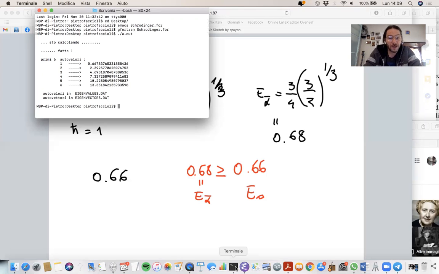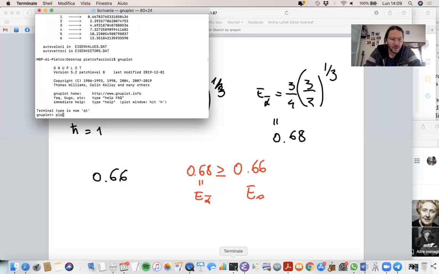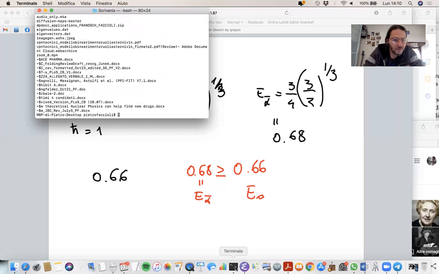And we can look at the eigenfunctions. So you use plot, for instance. Okay, so again, I don't remember quite what the eigenvectors were.